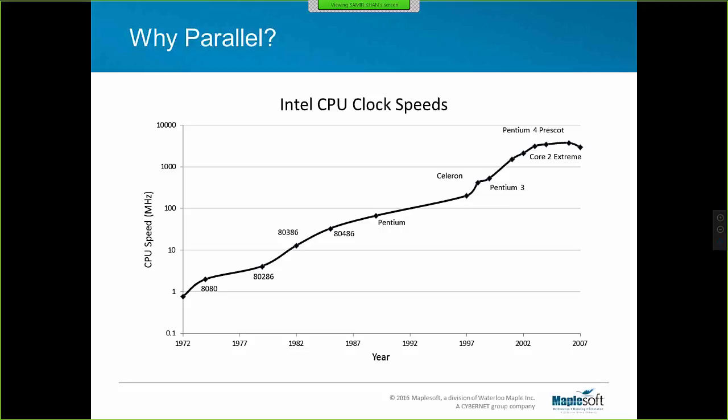Well, why was that? As you increase CPU clock speeds, you produce more heat. That heat has to be removed or dissipated. And if you open up your desktop computer, you might find a cooling fan. And clock speeds got so fast that you couldn't remove heat fast enough using air cooling, and providing other methods for cooling, such as water or other liquids, was simply not practical for mass use.